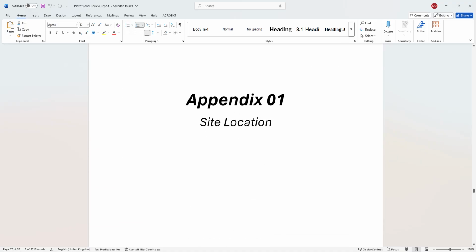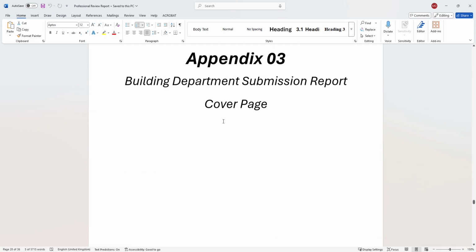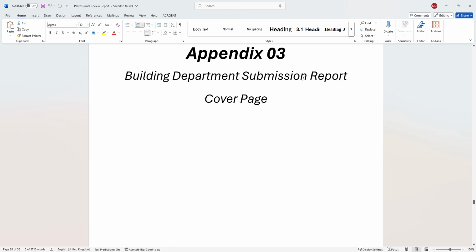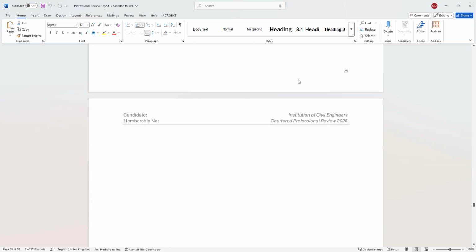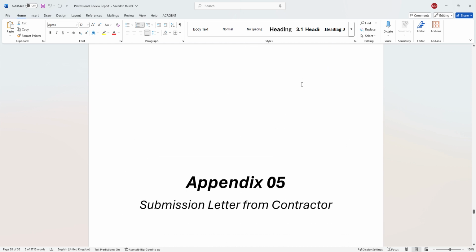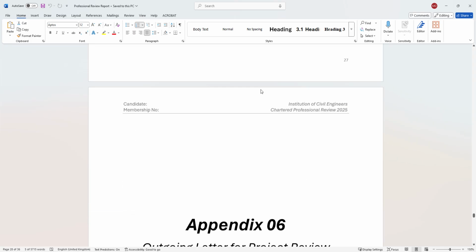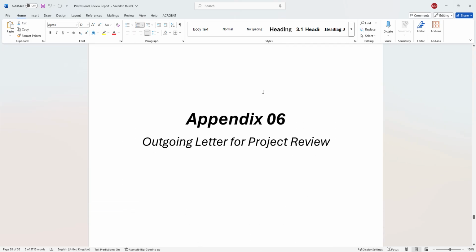That's the main report, and this is the appendix section I talked about earlier on. So appendix 1, site location; appendix 2, the building plan; appendix 3, building department submission reports, cover page; appendix 4, design moment from wind tunnel tests; appendix 5, submission letter from contractor; appendix 6, outgoing letter for project review.